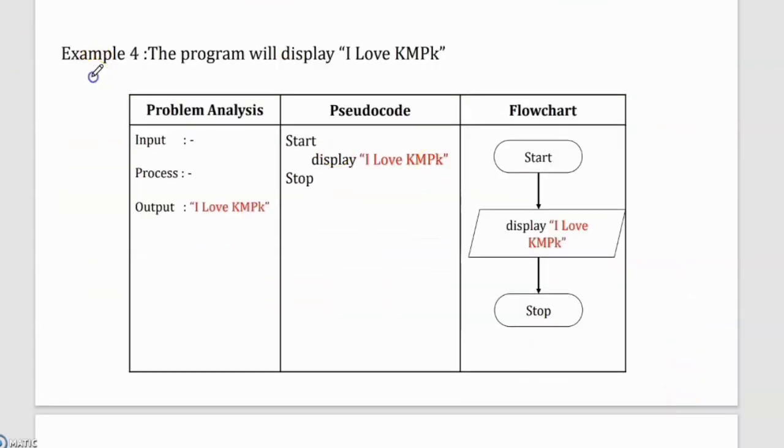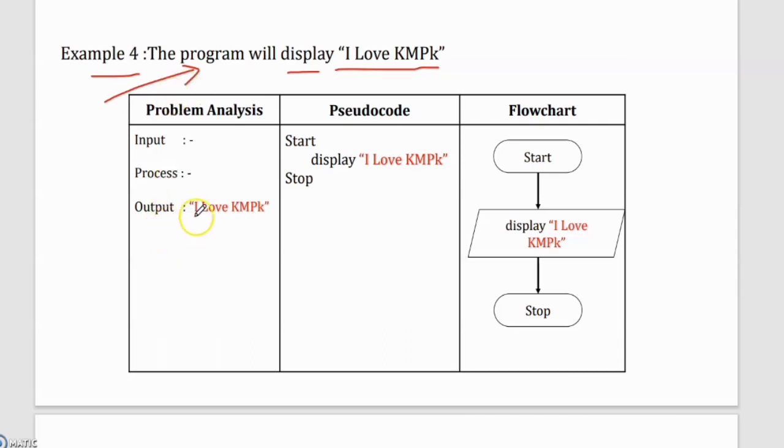Okay, we see example 4. The program will display I love kmpk. So the first step, you must do the problem analysis. You have to identify input, process, output. For this problem statement, we don't have any input or process because we want the program to display I love kmpk.